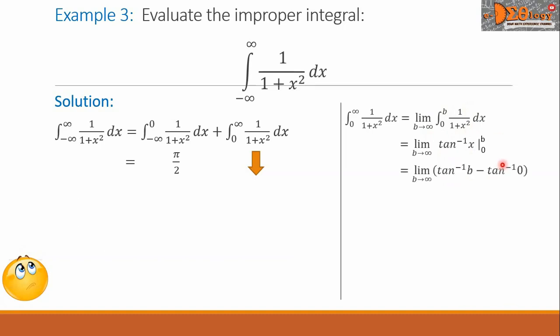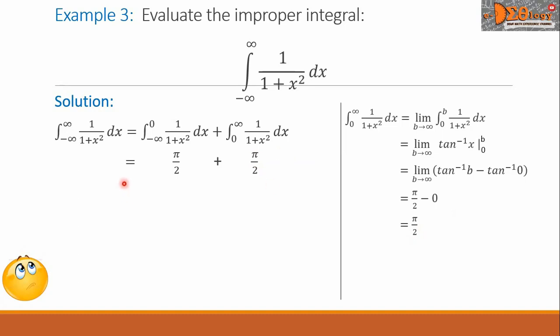Substituting the value, we will get tangent inverse b minus tangent inverse 0. Let us now evaluate the limit as b approaches infinity. The tangent inverse b, as b approaches infinity, will give pi over 2, minus the tangent inverse 0, which is simply 0. So the final answer will be pi over 2. This is the answer to the second integral here.